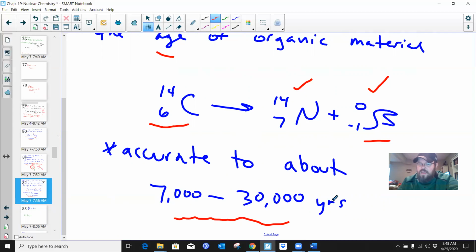Potassium is a common element that exists in various rocks and minerals. You can look at rock layers from millions of years ago, and you can look at the rate of decay from the potassium that exists there to determine the age of that particular sample. Okay, so this is how in the geologic record they've been able to assemble the fossil record and figure out what times these things existed.